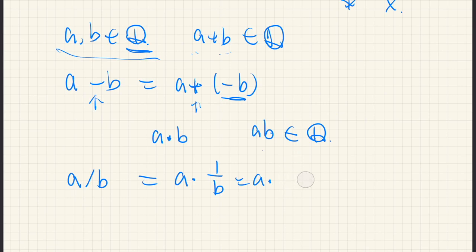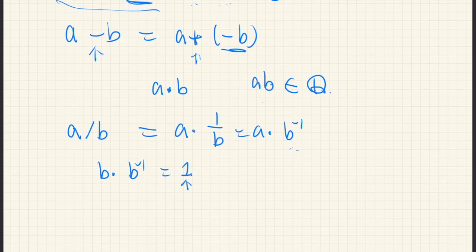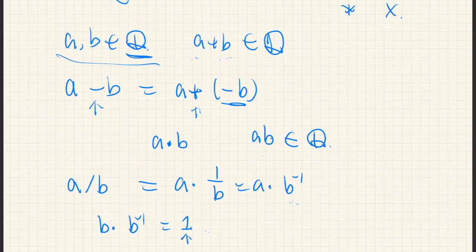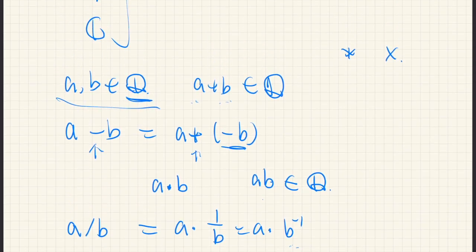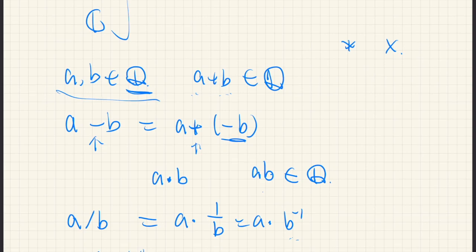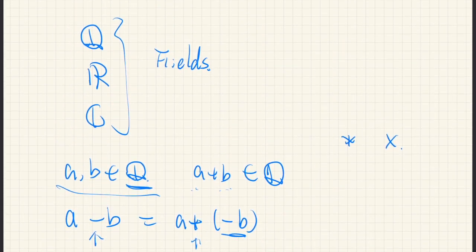B inverse is, of course, the reciprocal of B, which is the multiplicative inverse of B. So B times B inverse is 1, and this is the multiplicative identity of the rational numbers. In this way, we can see that the set of rational numbers is indeed a field. The same argument applies to real numbers and complex numbers. You should try to validate it.